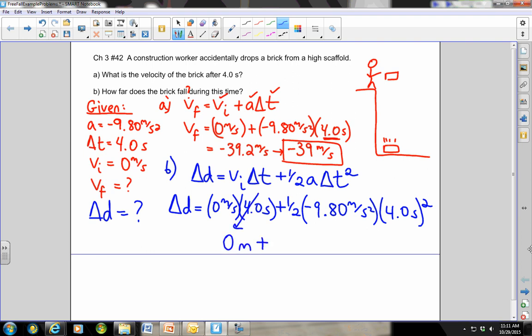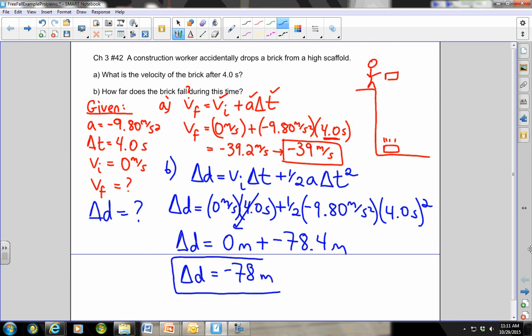Okay, and then we get a negative number here. Yeah. So I get negative 78.4 meters. Okay. And then again, sig figs here, we're going to end up rounding to just negative 78. Because of that 4 seconds, it only has 2 sig figs.